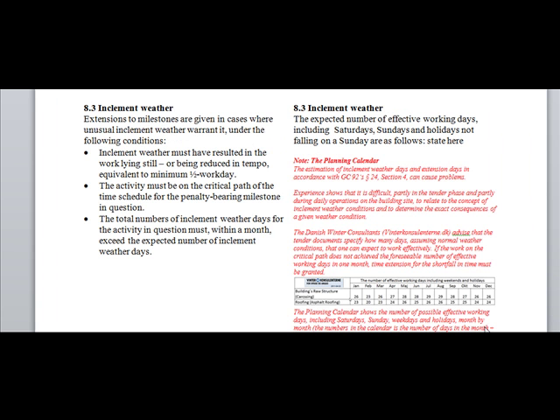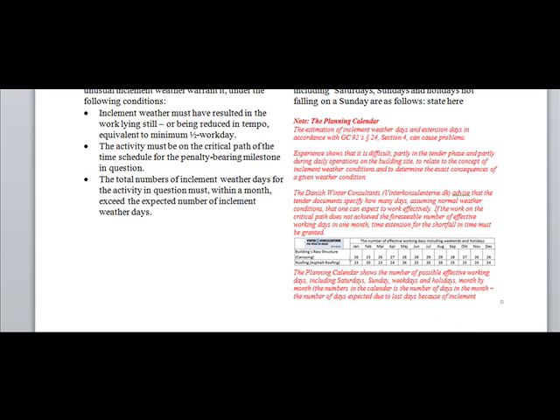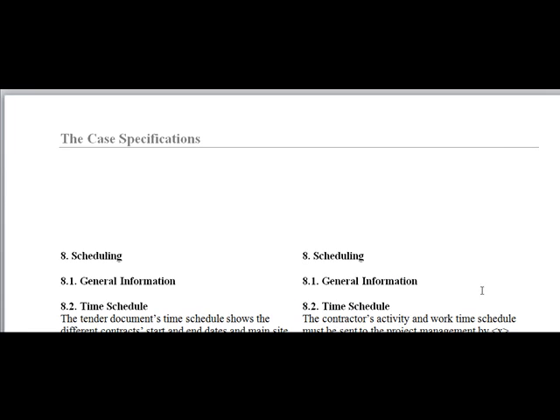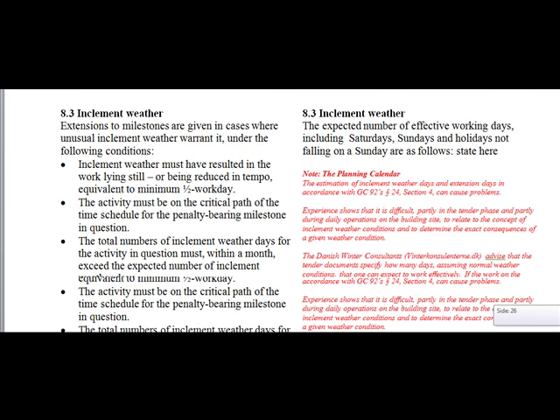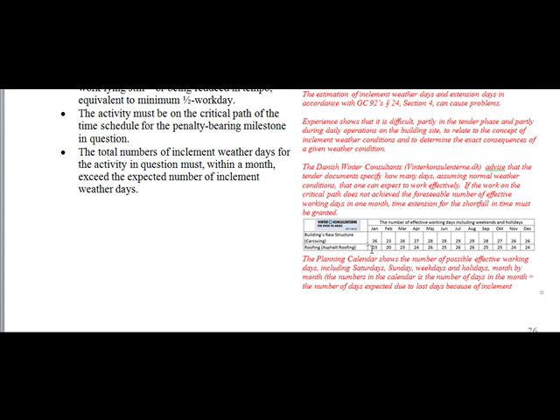Quite an important item under the case specifications is the section about inclement weather. The schedule here, which is the schedule you should put into your case specifications, shows us exactly how many days we can expect to work in the different months of the year. For example, when you're working on the carcassing structure of the building, or you're doing asphalting and so on, these days indicate the number of effective working days on the building site.